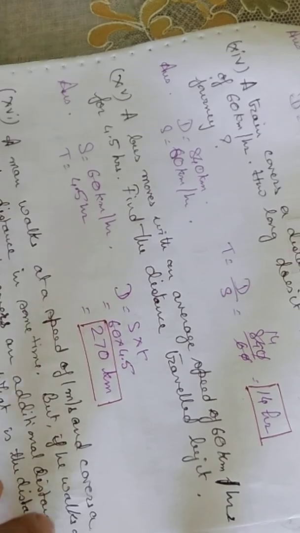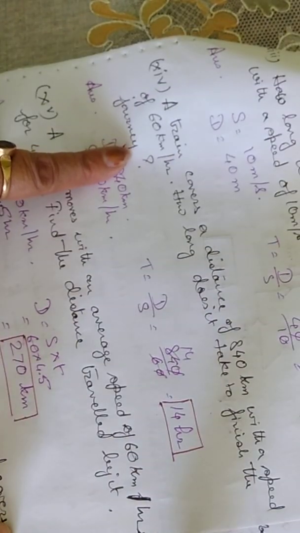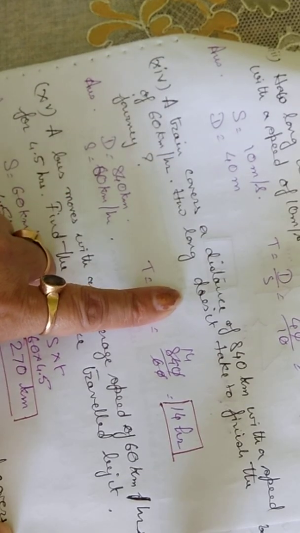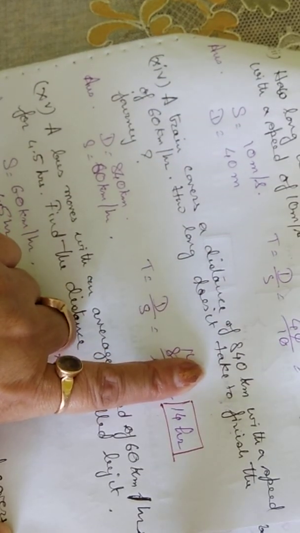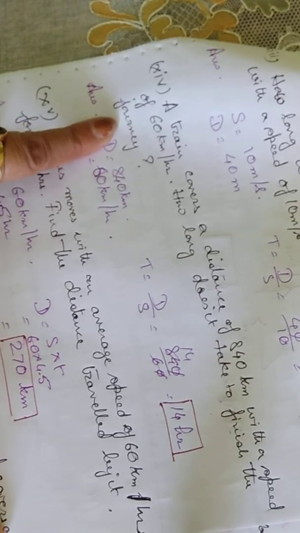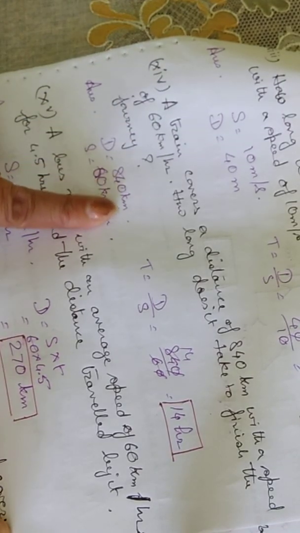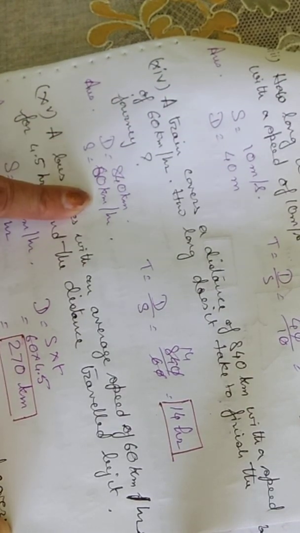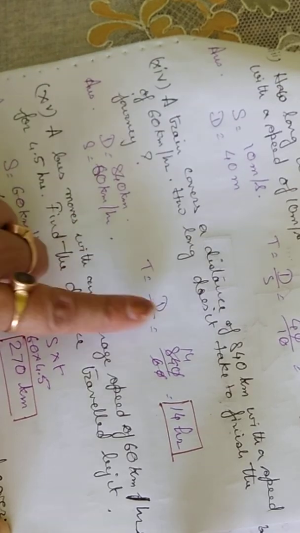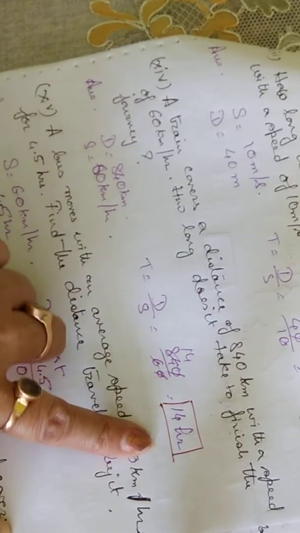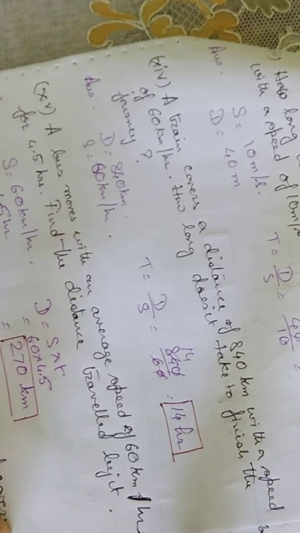Then a train covers a distance of 840 kilometers with a speed of 60 kilometers per hour. How long does it take to finish the journey? So distance given is 840 kilometers and speed given is 60 kilometers per hour. Time taken, distance by speed, 840 by 60, that is equal to 14 hours.